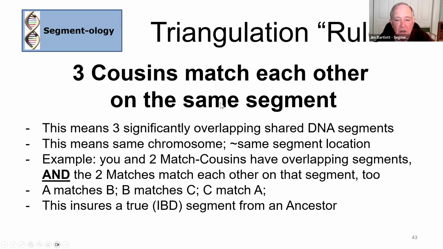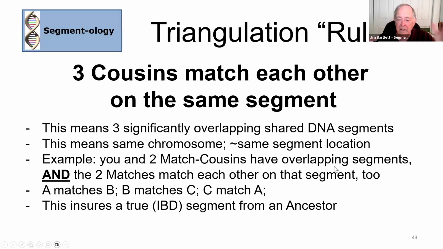So the rule for triangulation: 3 significantly different overlapping shared segments from cousins, in the same overlapping location on a chromosome. It's usually you and 2 matches, which are cousins. These 2 matches aren't brother and sister or father and son. They're cousins, and they have overlapping segments.